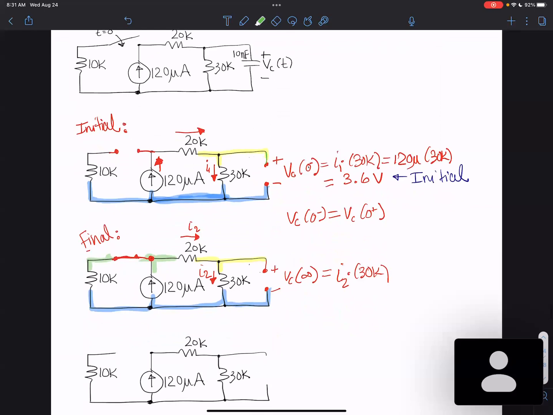Or if you don't remember that it's a current divider, how else would you solve this? You could do source transformation and then do a voltage divider. That would work. I tend to make errors on source transformation, so I typically don't use it. Any other ways we could solve this?